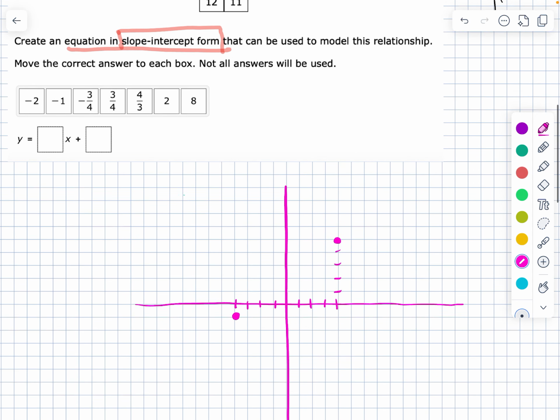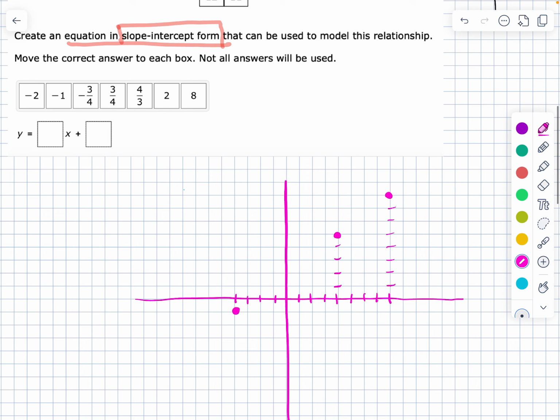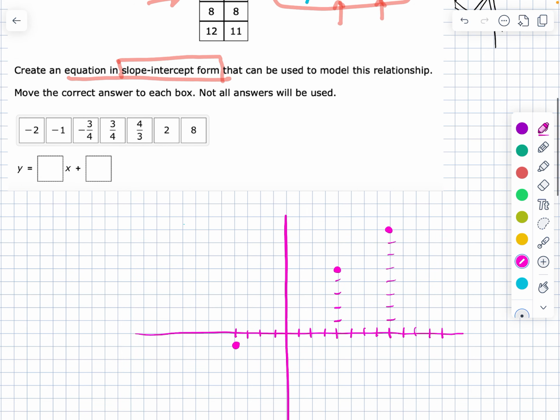And we have (8, 8): 4, 5, 6, 7, 8, and 1, 2, 3, 4, 5, 6, 7, 8. And then the last point is what? (12, 11): 8, 9, 10, 11, 12, and 8, 9, 10, 11. So that's this point right here.